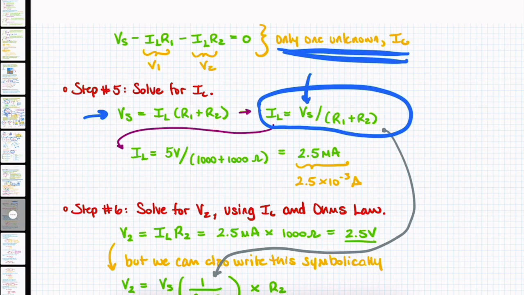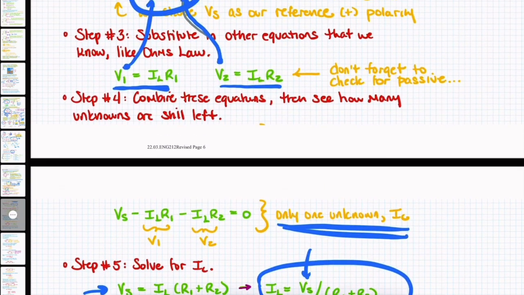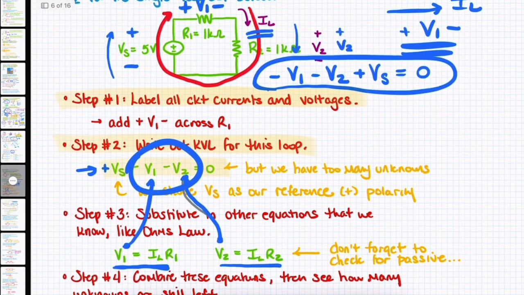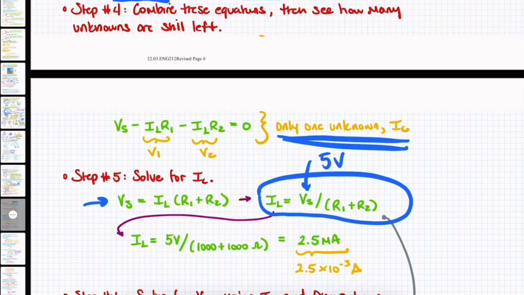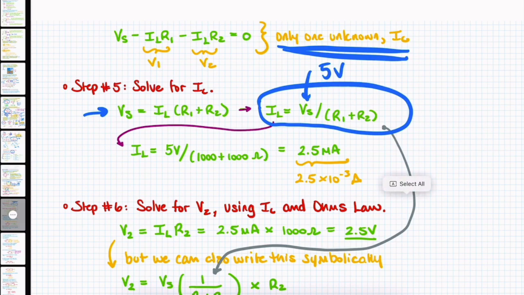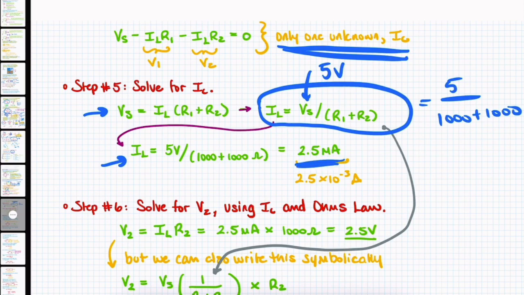We know that Vs is equal to 5 volts. What was the R1? Oh, they're both 1,000. So this ends up giving us 5 over 1,000 plus 1,000, as shown right here. And we solve and we end up with 2.5 milliamps or 0.0025 amps.